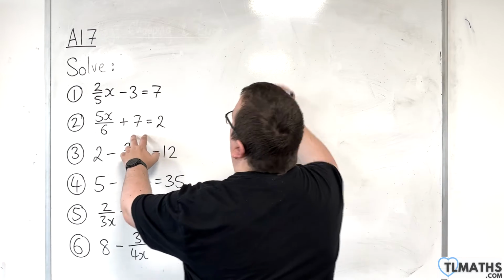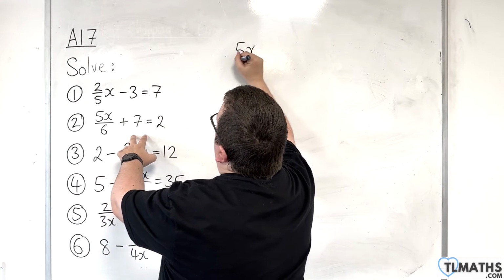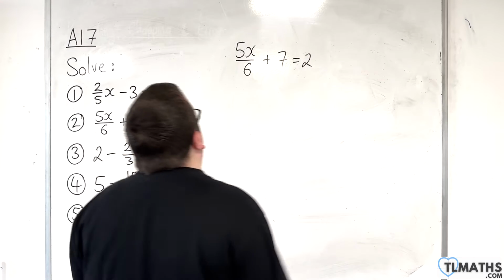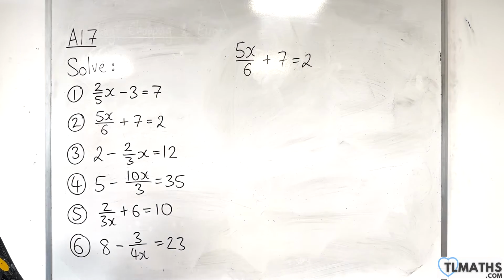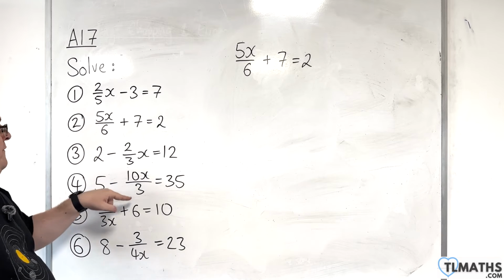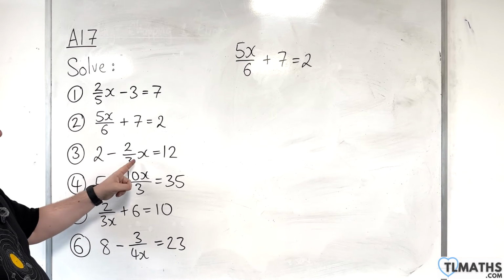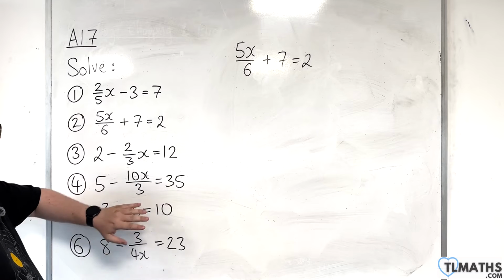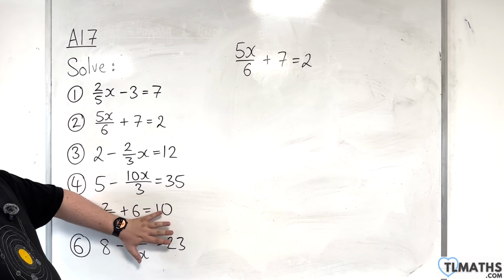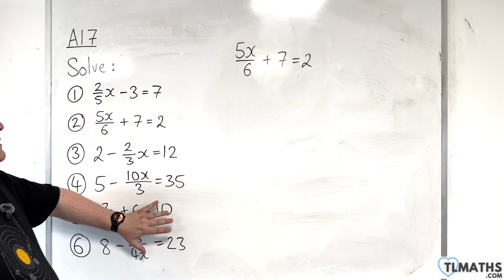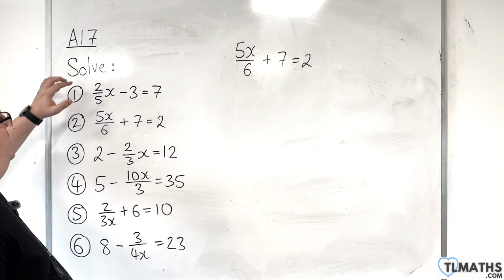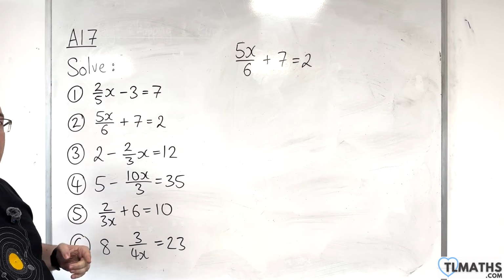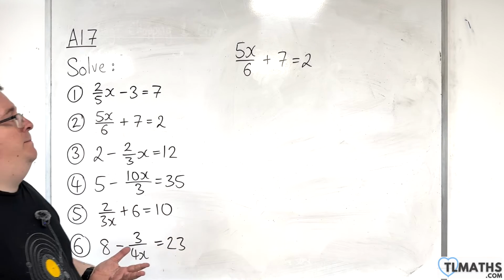Okay, so number 2. 5x over 6 plus 7 is equal to 2. So with these, I've alternated the x being to the right of the fraction and x being in the numerator for numbers 1 to 4, okay? The reason being is that if you've got 2/5 x or 2x over 5, both of those two things mean the same.